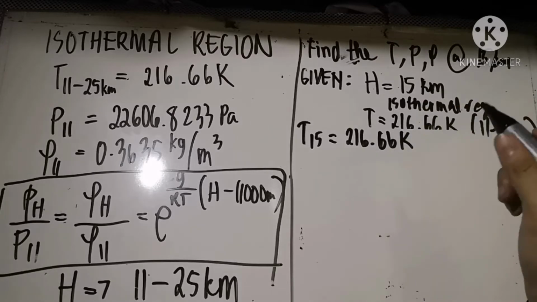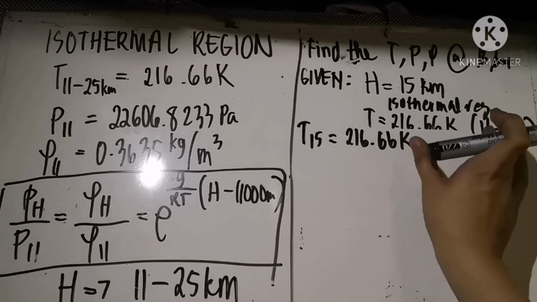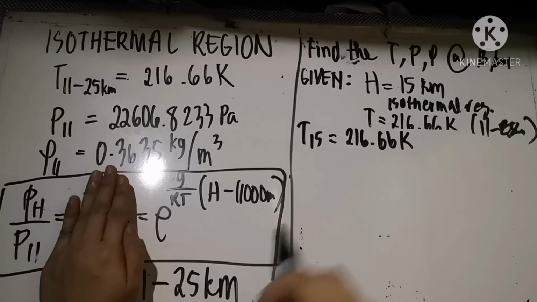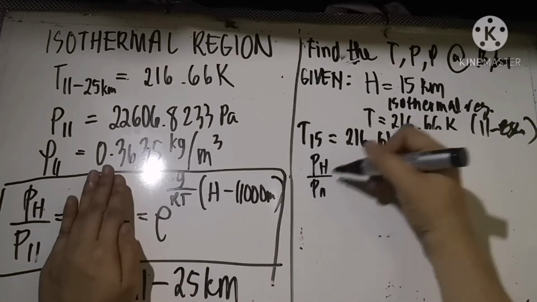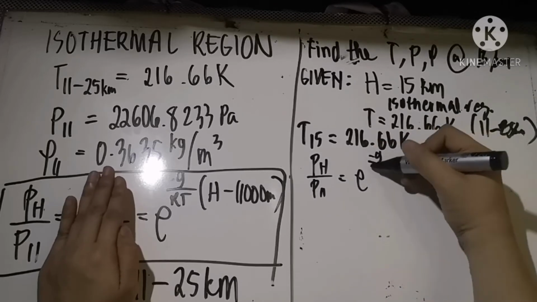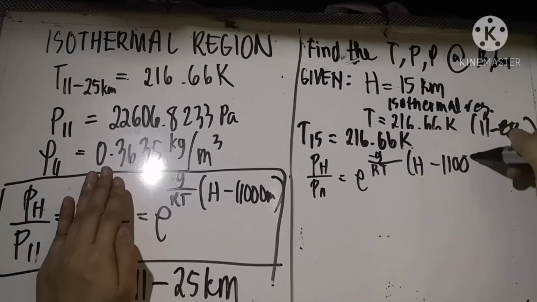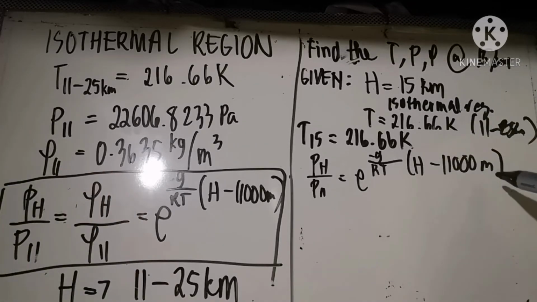Next ay yung pressure at 15 kilometers, which is isothermal. Therefore, ang gagamitin natin formula, this one. Takpan lang natin to. So, we have P over P11 is equal to E raised to negative G over RT times height minus 11,000 meters. Again, kailangan yung height mo ay same unit, meters.